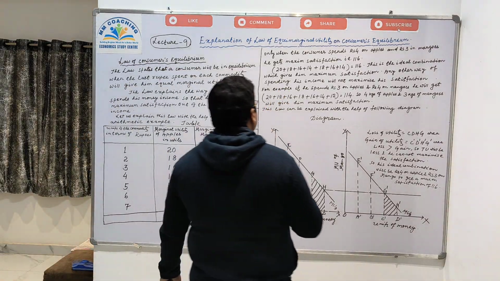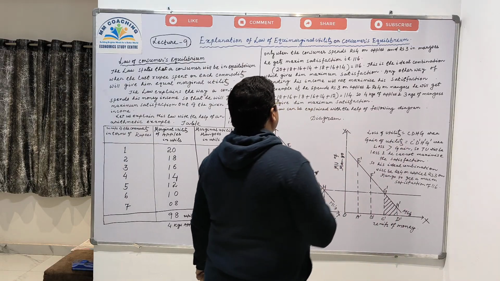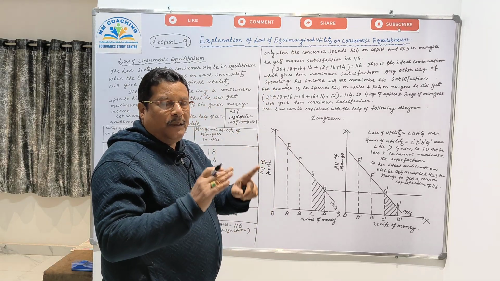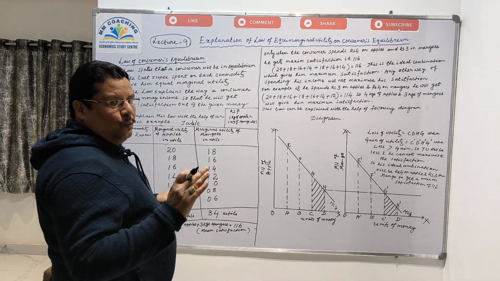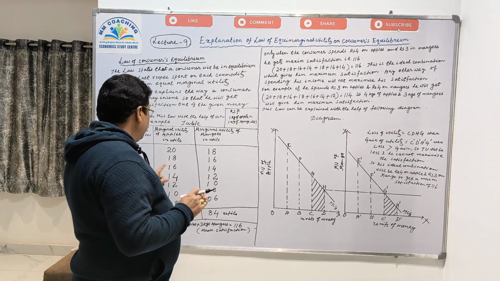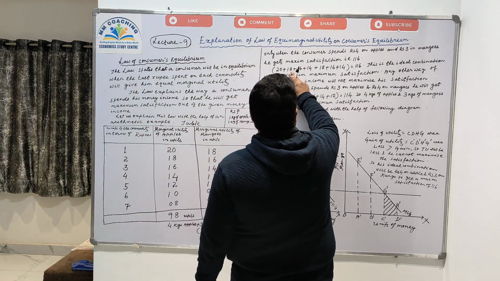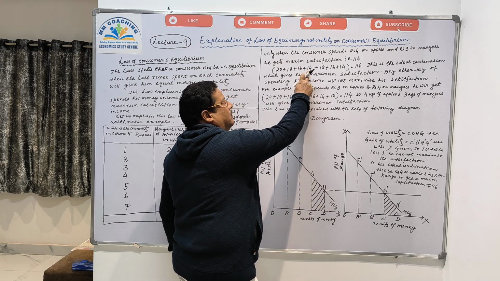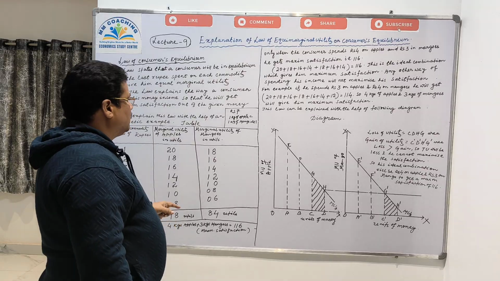You can see here, if he spends 4 rupees on apples, the marginal utilities are 20, 18, 16 and 14.